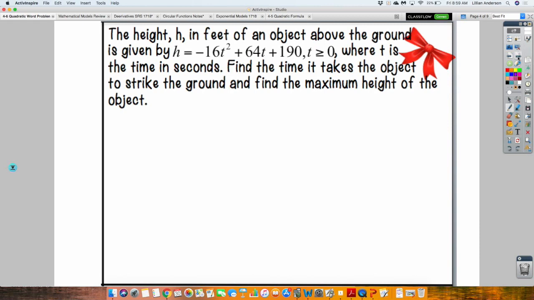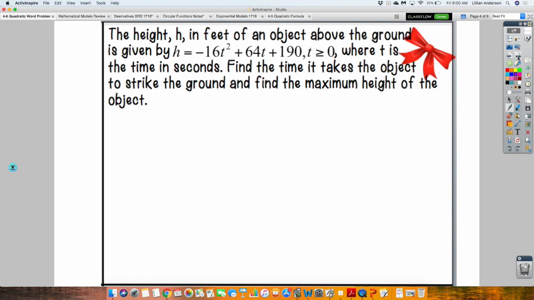So you have your equation, and it asks two things here. Find the time it takes for the object to strike the ground. What do you think that's going to be? X-intercepts.